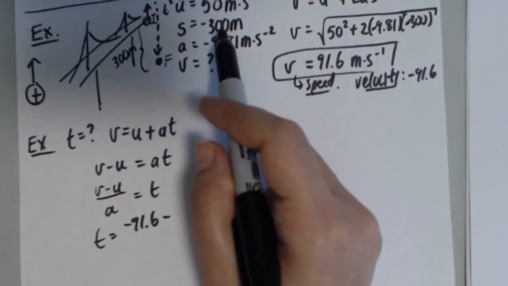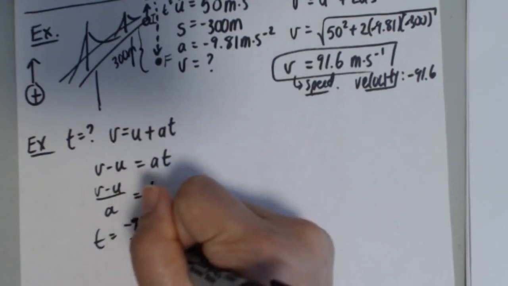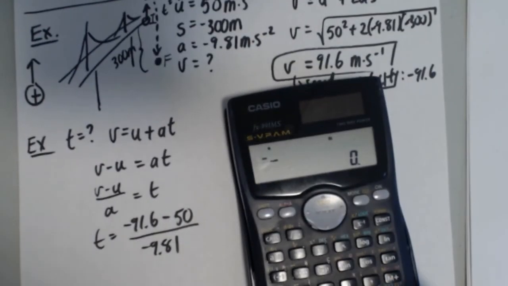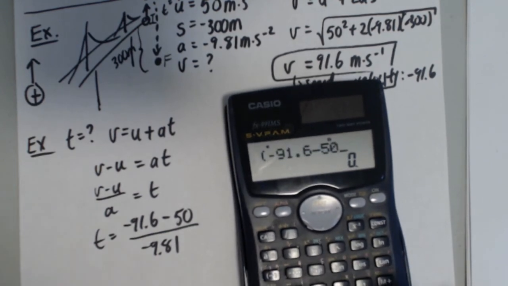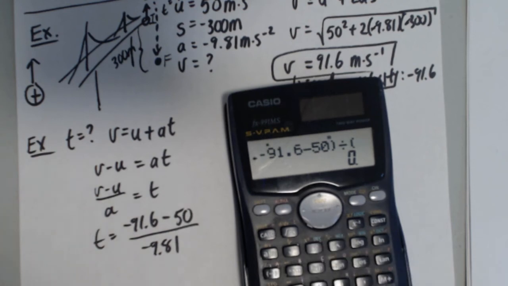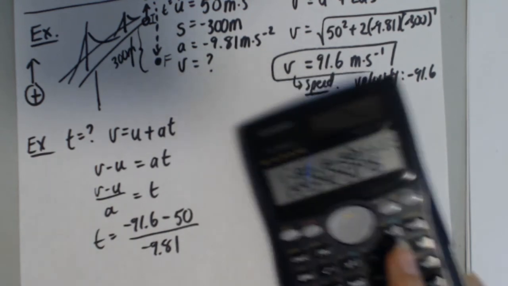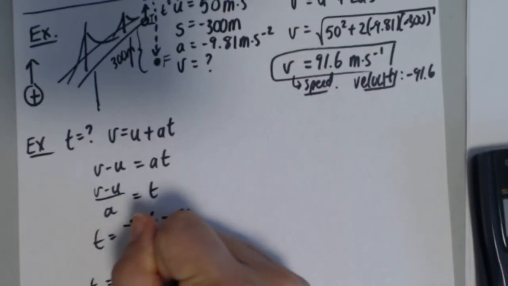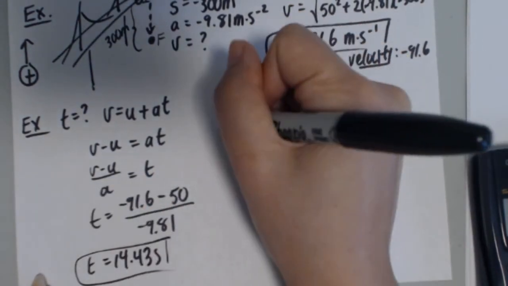Remember, u is positive because the ball's initially thrown up, divided by a, which is negative 9.81. All right, now I'm going to put the negative signs. Let's do it like this. Minus 91.6 minus 50 divided by negative 9.81, 14.43. Okay, 14.43 seconds, or 14.4 seconds.